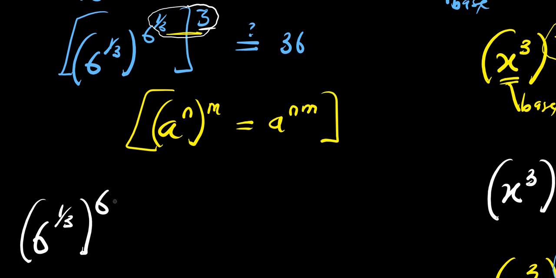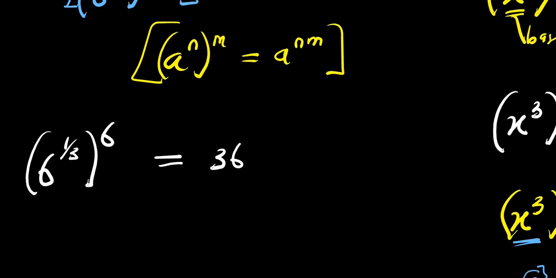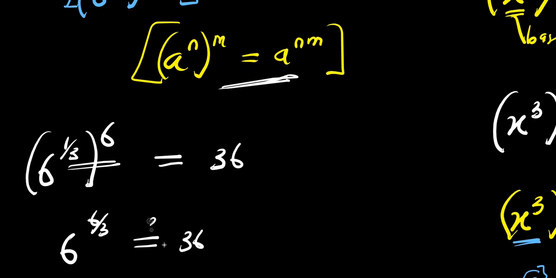That's why I'm writing 6 here. And this equals 36. Now, the next step will be for us to go back to the same identity, this one here. So we multiply this 1 over 3 by 6. So we are going to have 6 to the power of 1 over 3 times 6. This is 6 over 3. And this equals 36?